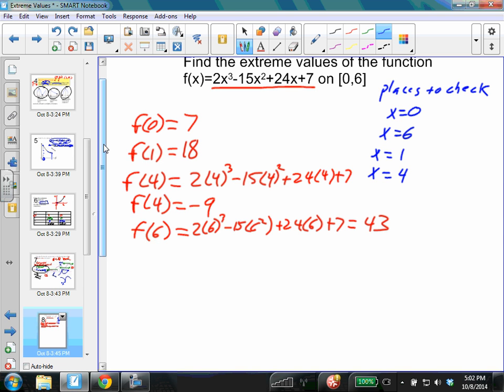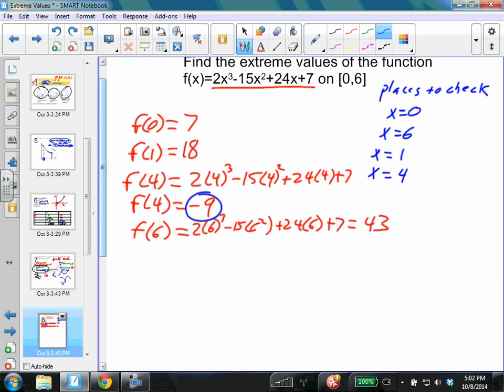These other ones could be maximums and minimums, the ones that aren't the globals or the absolutes, but I just want to talk about the absolutes in this problem. If I asked you right now what the absolute minimum for this problem was, remember, you're talking about the y value. So hopefully you can look up here and tell me that it's -9.